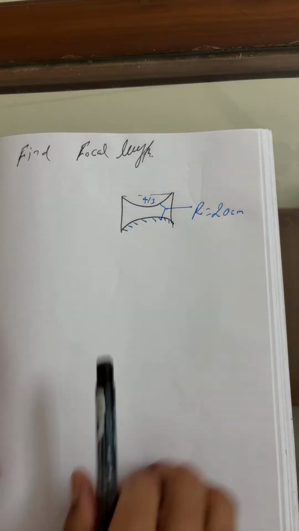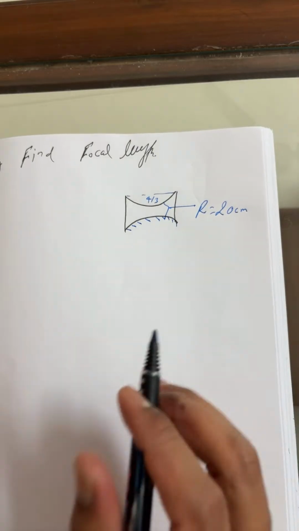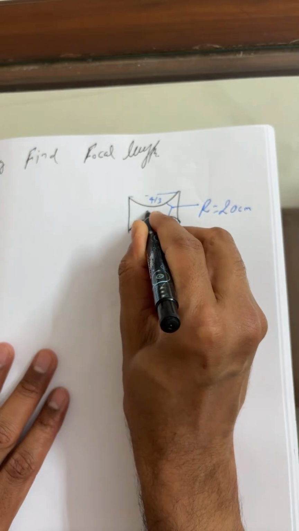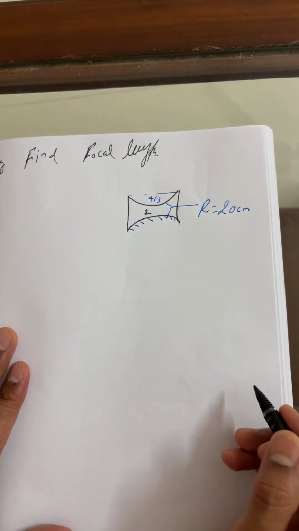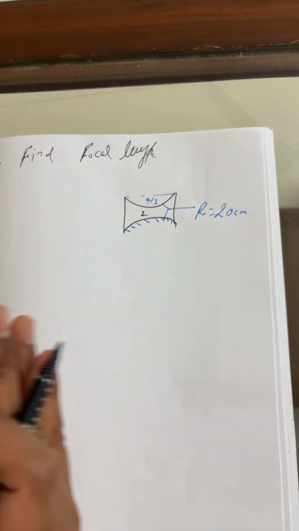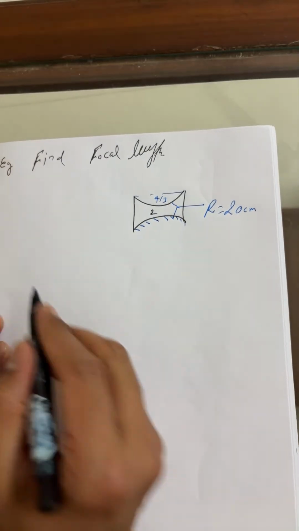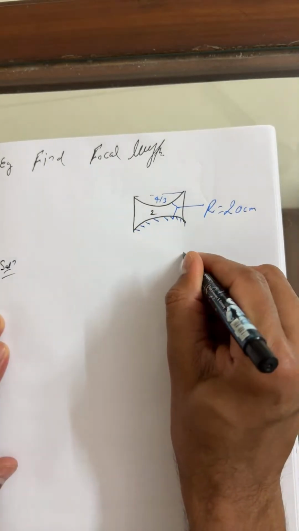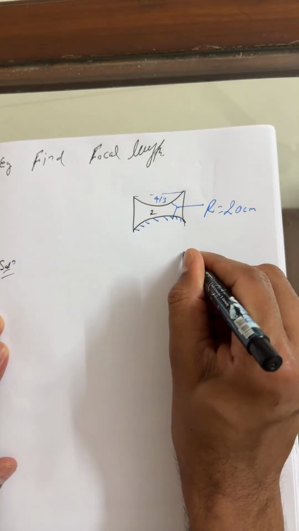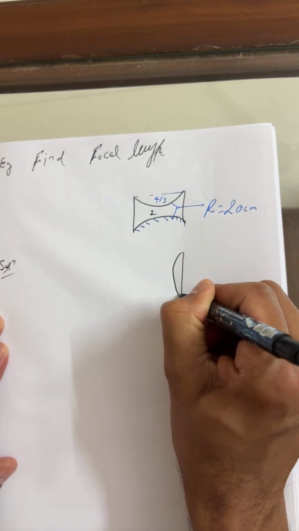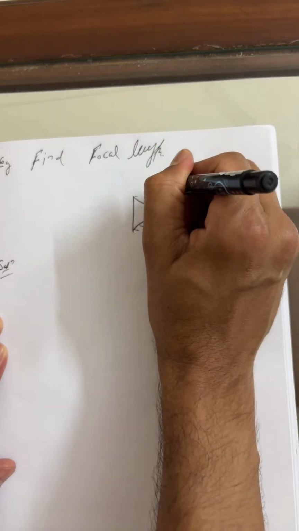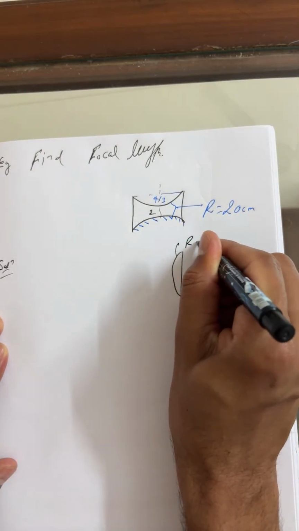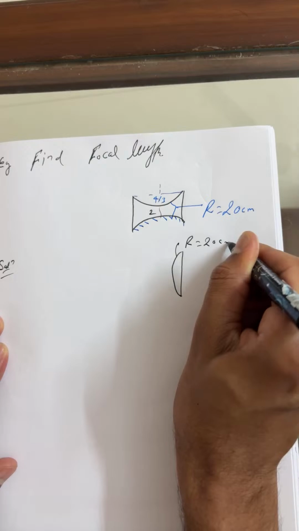Yes. So what is the easiest way to do this kind of question? You can take the refractive index for this as 2. Just solve individually one by one. For the solution, I'll take first this one. It's 20 centimeter.